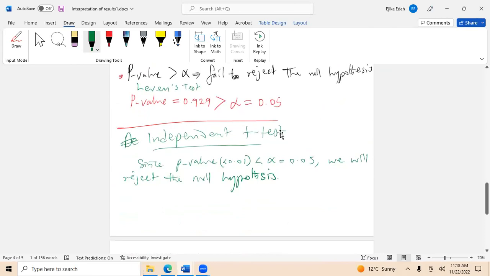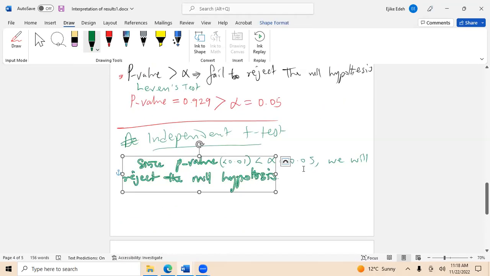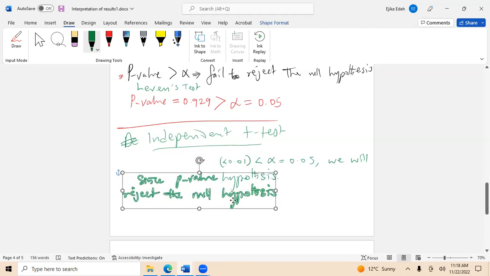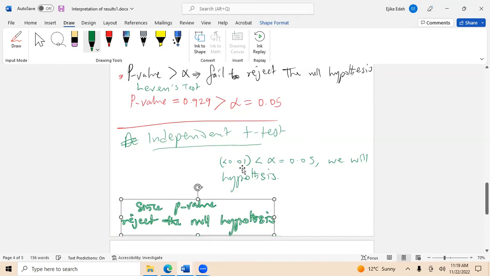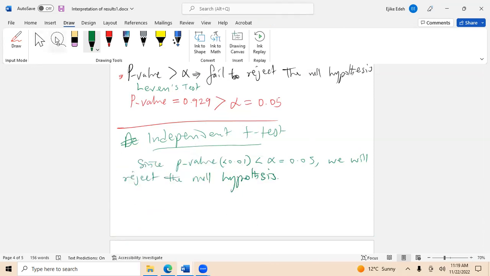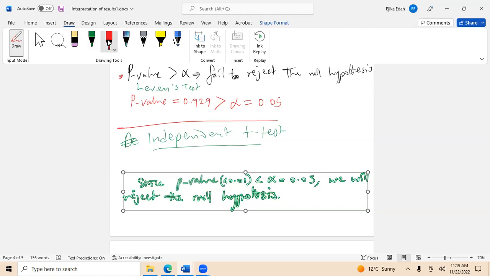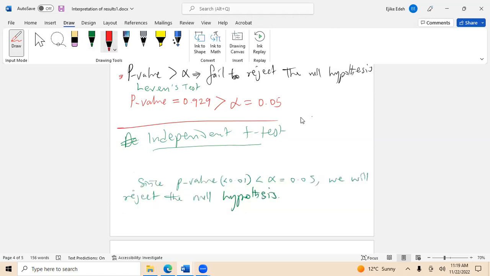Let me write that down here also. For each of these tests, we stated the null hypothesis.